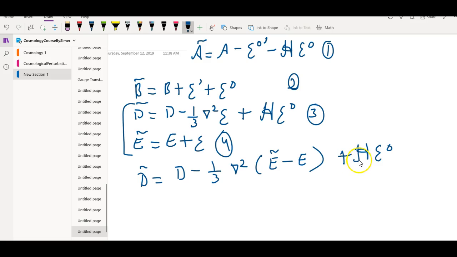So what I can do is get H xi 0 from here.